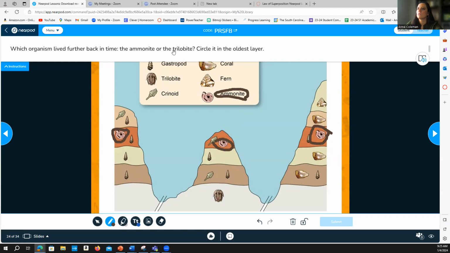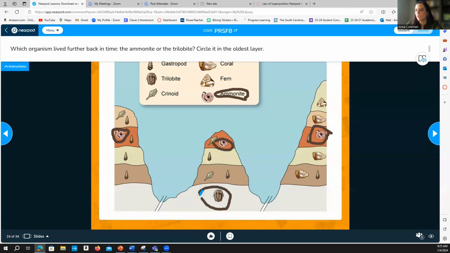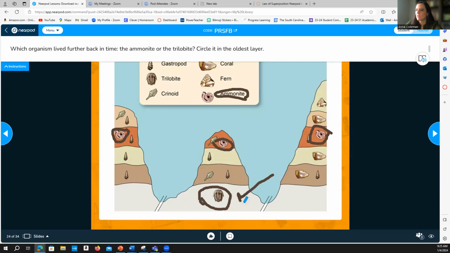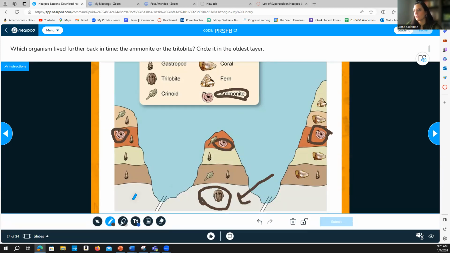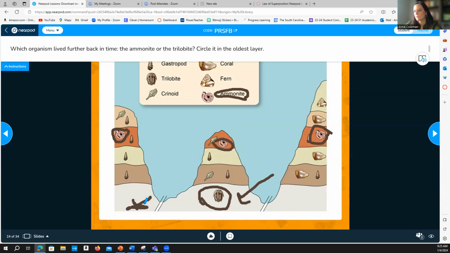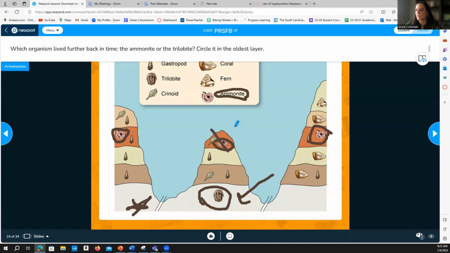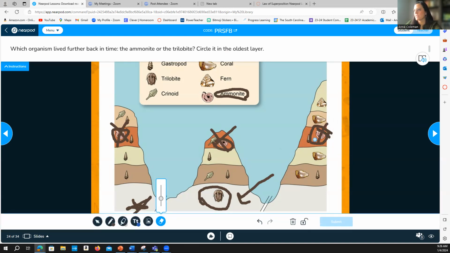Or the trilobite, which is here. Now, if we look at this, which one is older or on the bottom? It's going to be the trilobite, right? So you're going to circle it in the oldest layer. You're not going to circle these, because that's not the oldest one. So you will not circle these, or you can erase it.